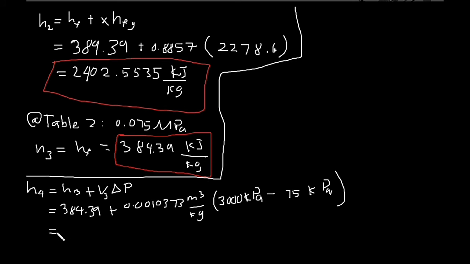Let's use our calculator: 0.0010373 times 3000 minus 75, that is 3.034. Then add that to 384.39, that is 387.4241 kilojoules per kilogram. Let's highlight that in red.